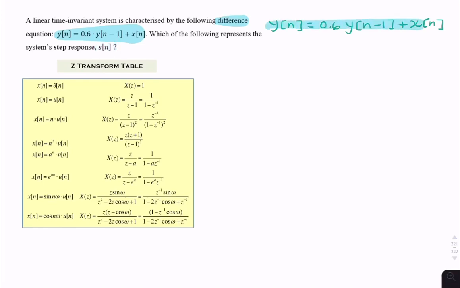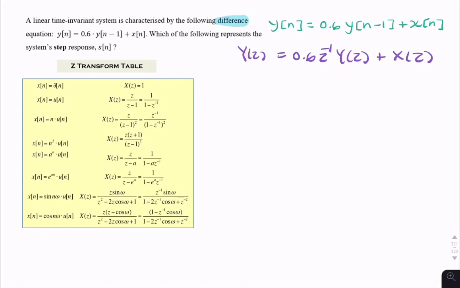So the first thing we do is find the transfer function. That's easy. We simply rewrite it by taking the z transform of each of these terms.